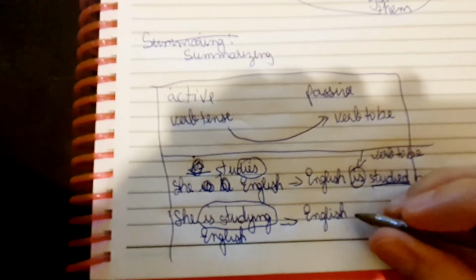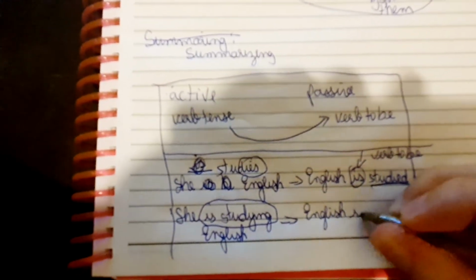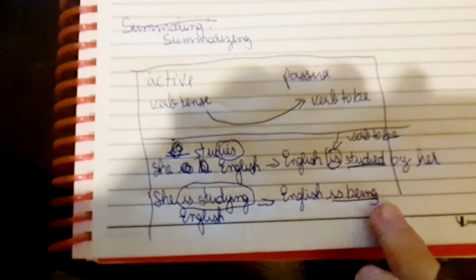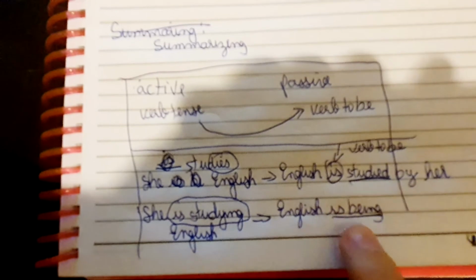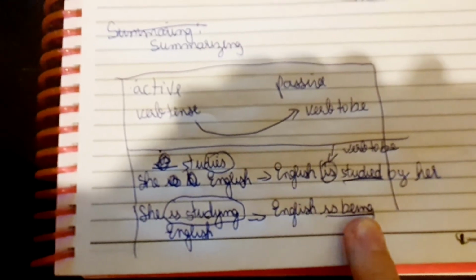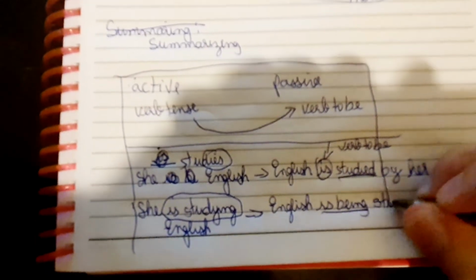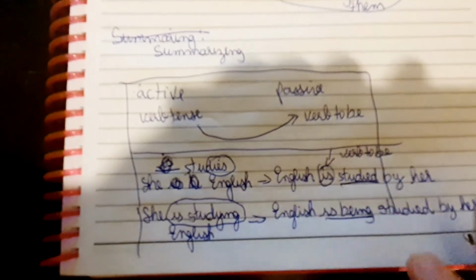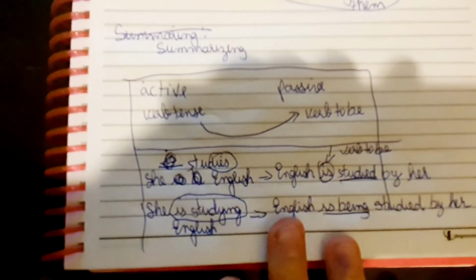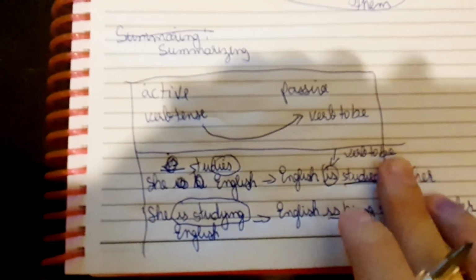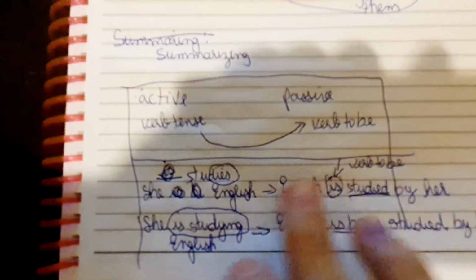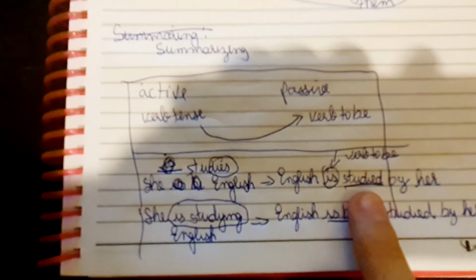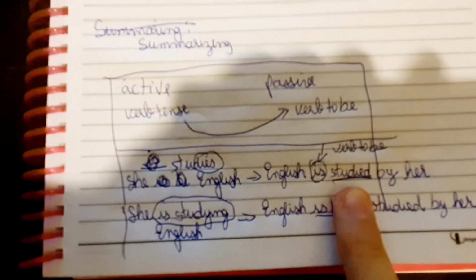The verb to be in the present continuous is is being. English is being studied by her. It's always like this. In the passive voice, the verb to be is in the same verb tense as the verb in the active voice, plus a verb in the past participle.